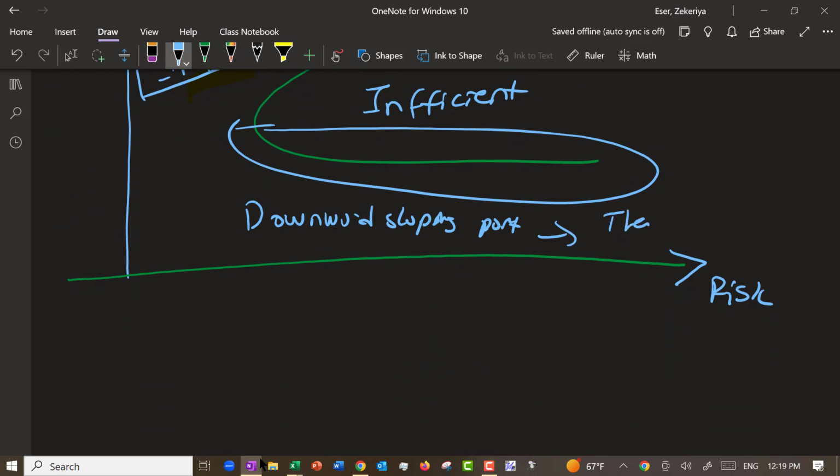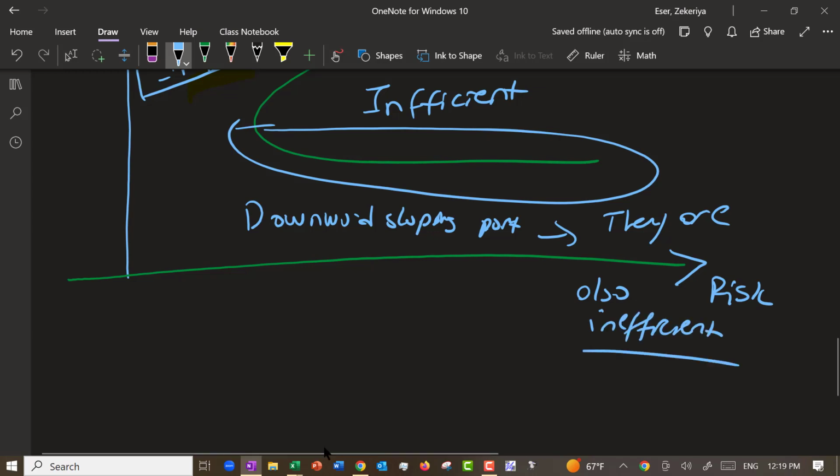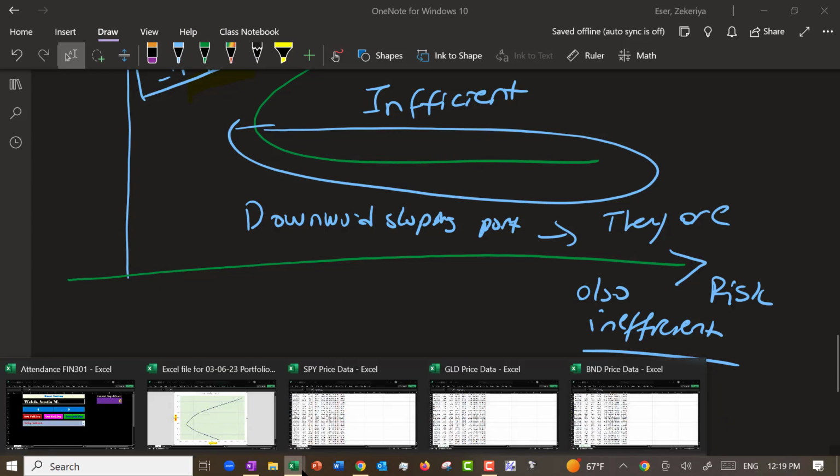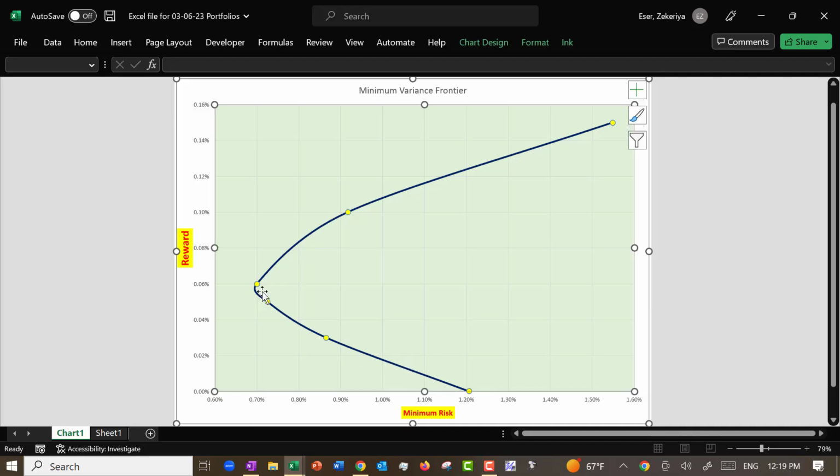I mean, roughly from here, think about this portfolio.